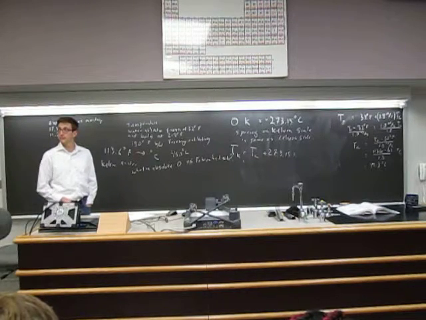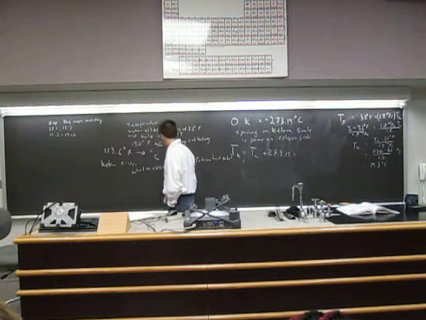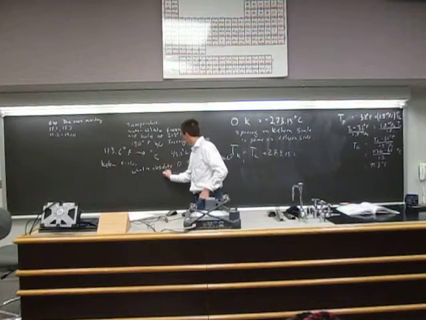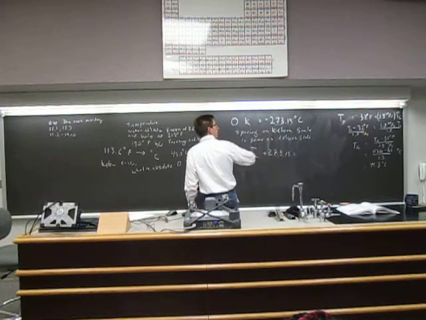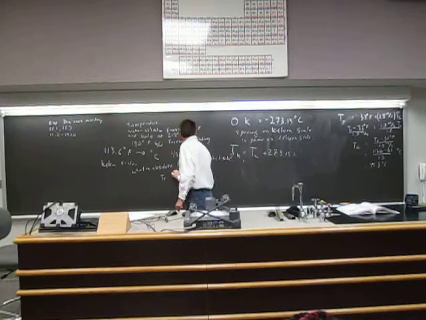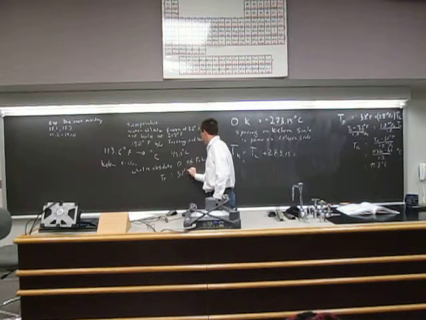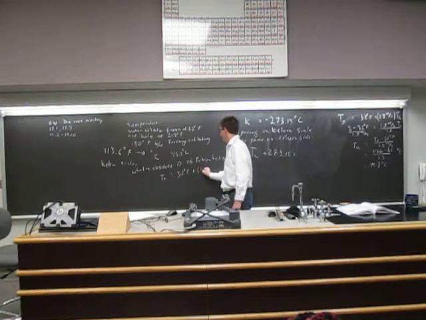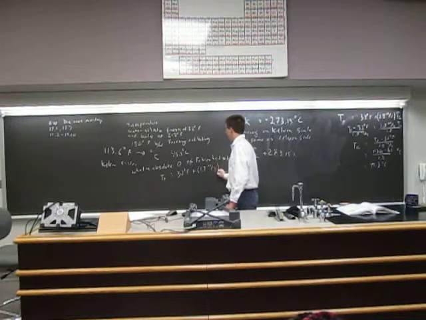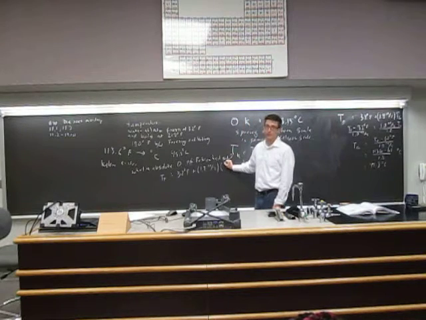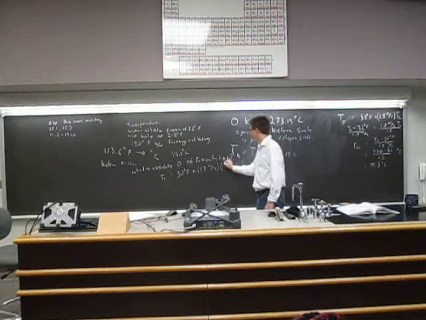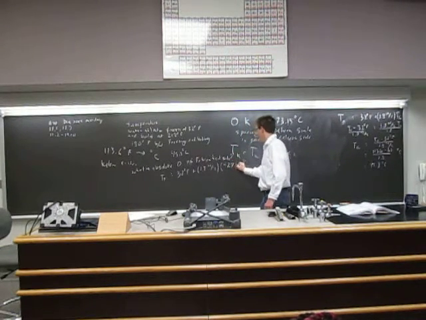Negative 459. Yeah, that's what I got. All right, so the temperature in Fahrenheit is 32 degrees Fahrenheit plus 1.8 degrees Fahrenheit per degree C times the temperature in Celsius, which is minus 273.15.